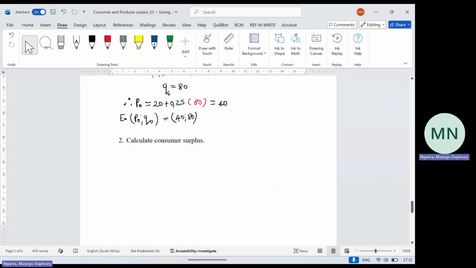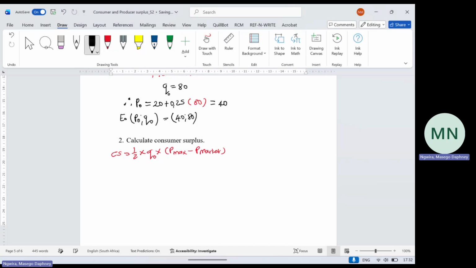It says calculate the consumer surplus. So we all know that the consumer surplus is equal to half times the Q naught times P max minus P market.